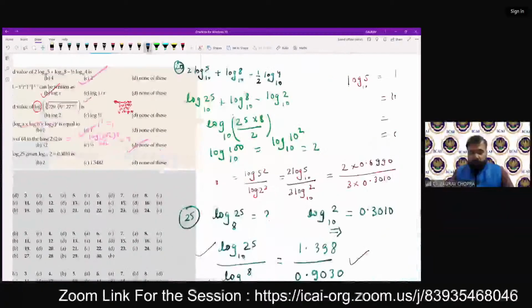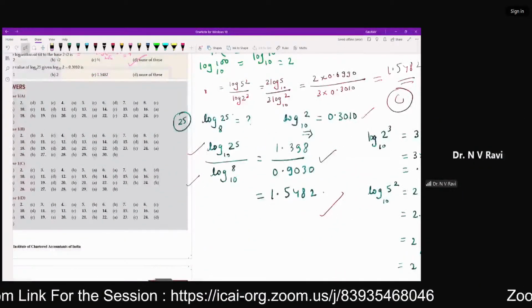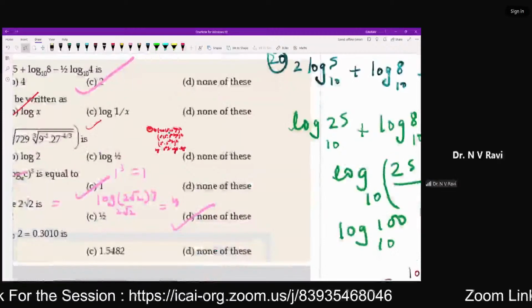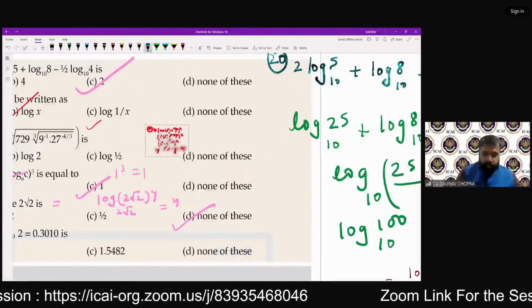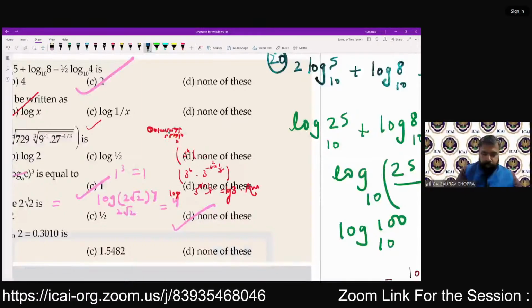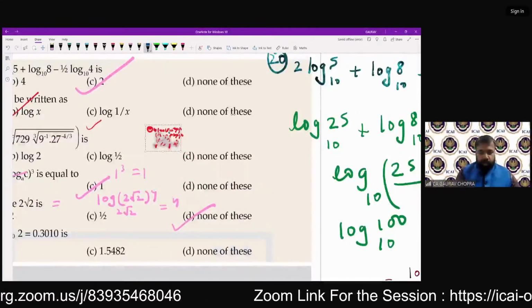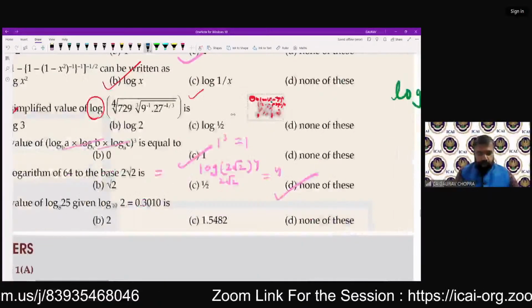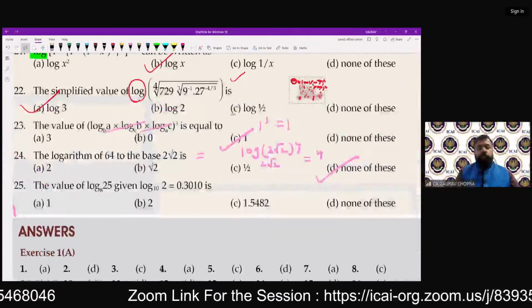Okay, let's write here. I think it has to be solved. The solution is not available here. So actually it is basically a fourth root.